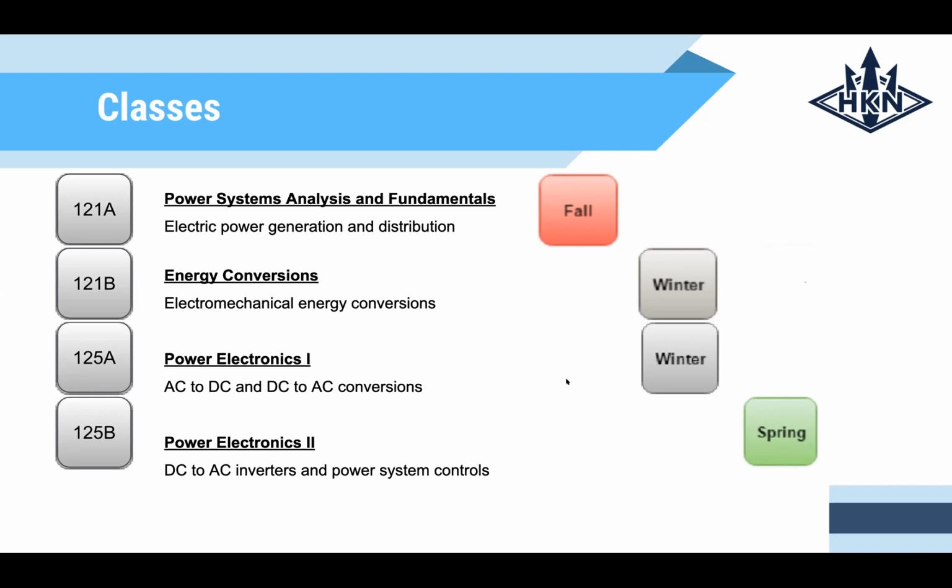Another class that's not mentioned here, but is worth noting, is ECE 124. What 124 focuses on is motor drives. So it's kind of the same thing, except now you're also dealing with mechanical components. When you're converting from DC to AC, essentially you want something to be spinning, causing torque, stuff like that.